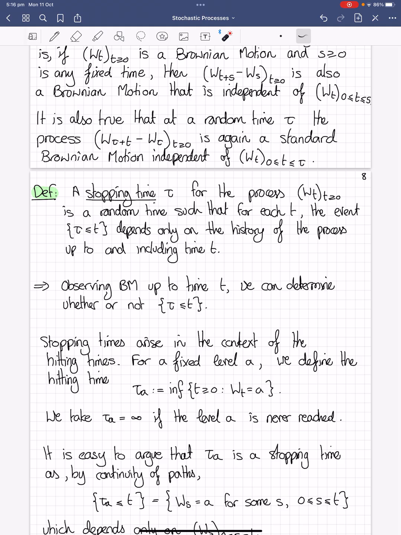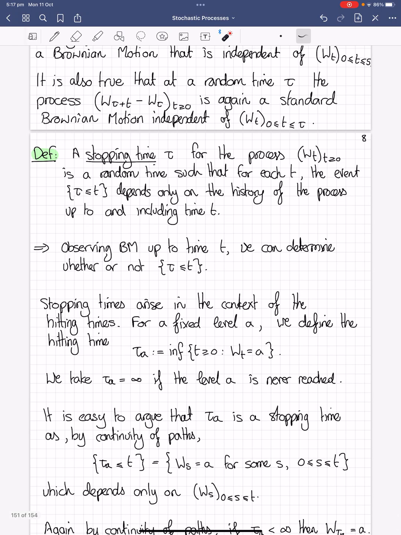This definition basically means that if you observe the Brownian motion up to some time t, you are able to determine whether or not tau has actually occurred. So with a proper stopping time, if you're at time t, you should be able to determine if that random event, that stopping time, has occurred or not.